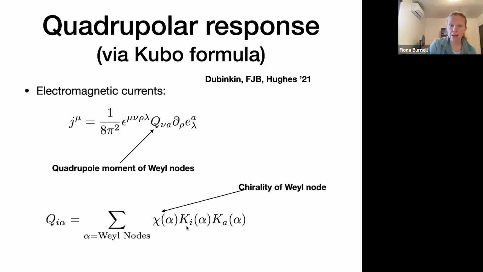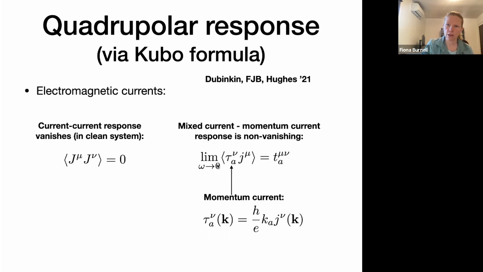The K here is, again, the momentum at that Weyl node, right? And now we have to multiply 2 momenta to get this quadrupole tensor, so the ith and the eighth momentum in this case. And so what we learn from the Kubo formula is that we can calculate these coefficients, and it's a mixed current momentum current response.